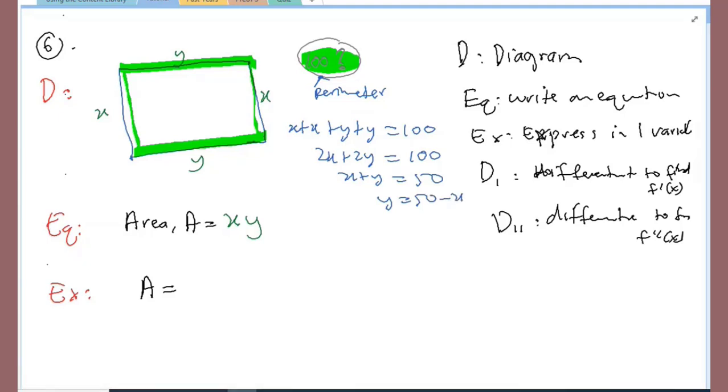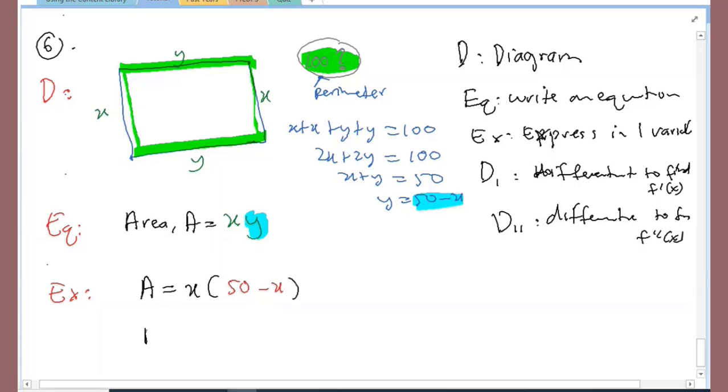Then substitute, so the area becomes x times 50 minus x, in a single variable. Then expand. Settle for the third part.